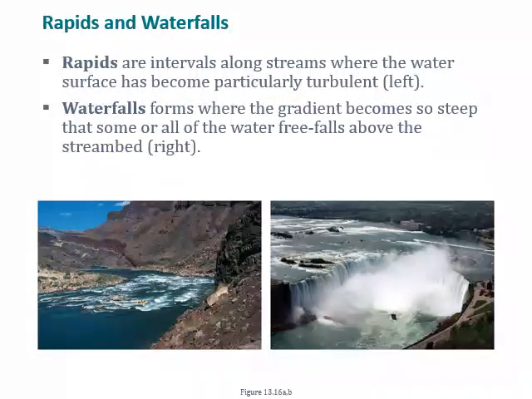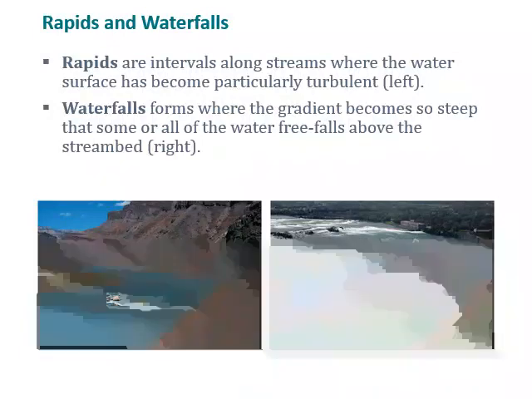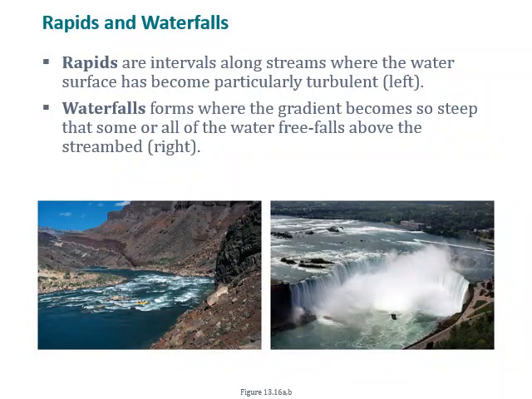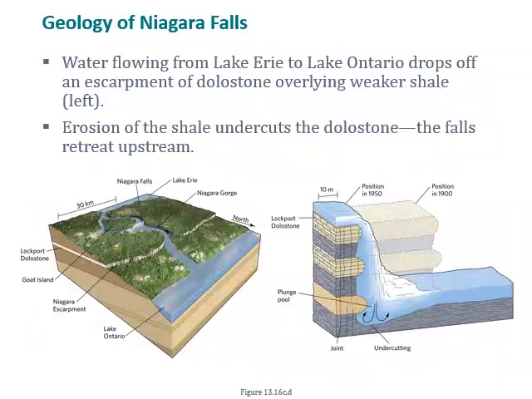Rapids are intervals along streams where the water surface has become particularly turbulent, and waterfalls form where the gradient becomes so steep that some or all of the water free falls above the stream bed. One example is Niagara Falls, where water flowing from Lake Erie to Lake Ontario drops off an escarpment of dolostone overlying weaker shale on the left.